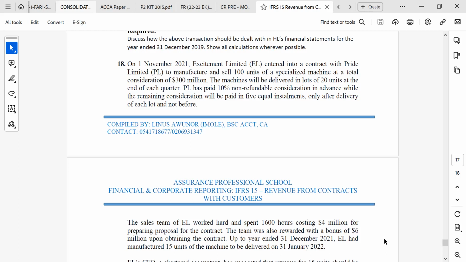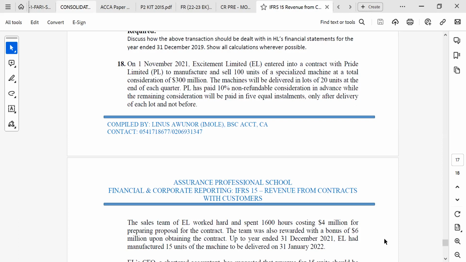But these particular machines are specialized in nature. It means that we are not going to sell it to anybody and we are not going to use it for ourselves. So after we are done with the production of the additional 15, we will surely deliver to the people. Since we have manufactured 15 out of it, we have incurred costs on that.